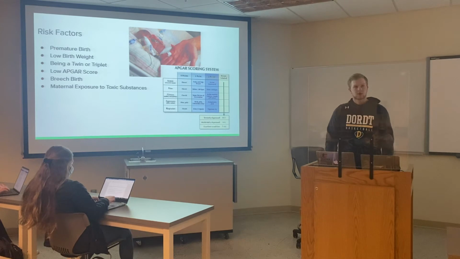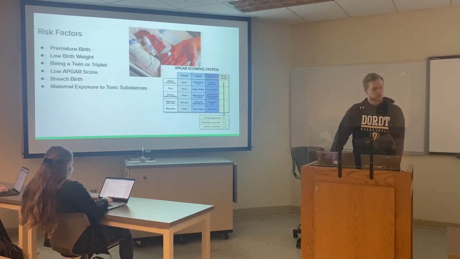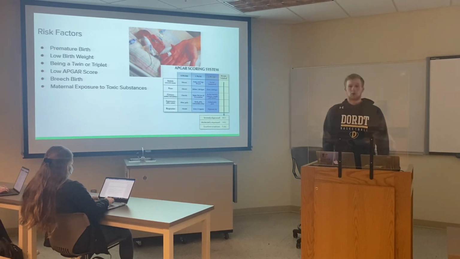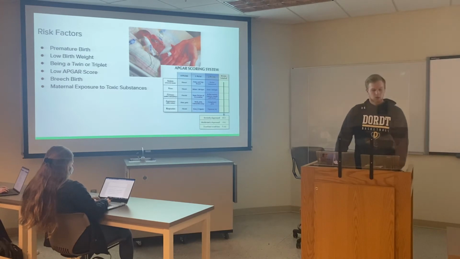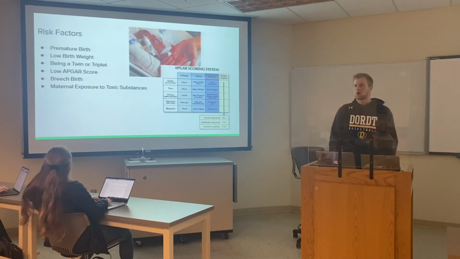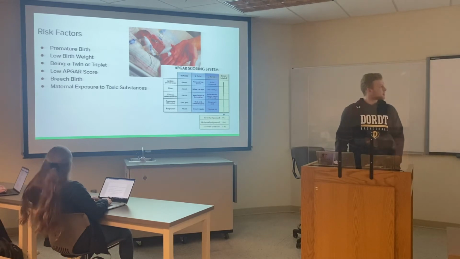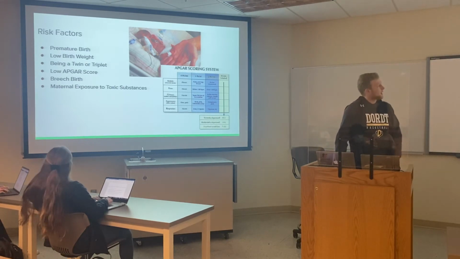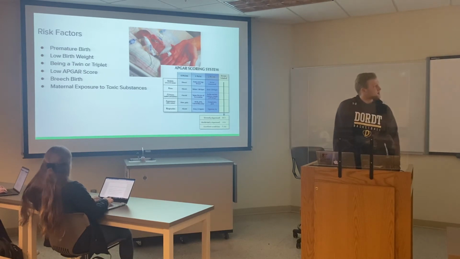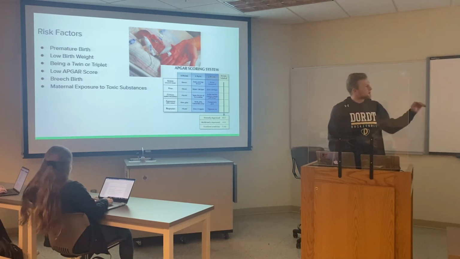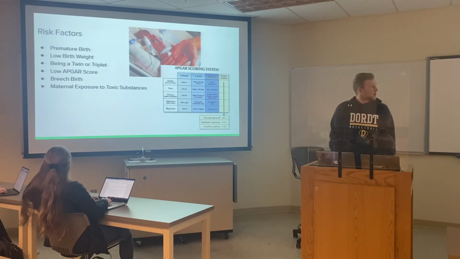Risk factors of cerebral palsy include premature birth, low birth weight, being a twin or triplet, and a low APGAR score, which you can see in the diagram on the screen. The infant is assessed when they are born based on each of these categories, and they get a score.